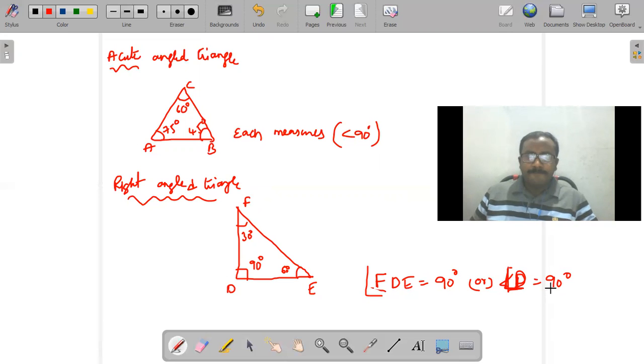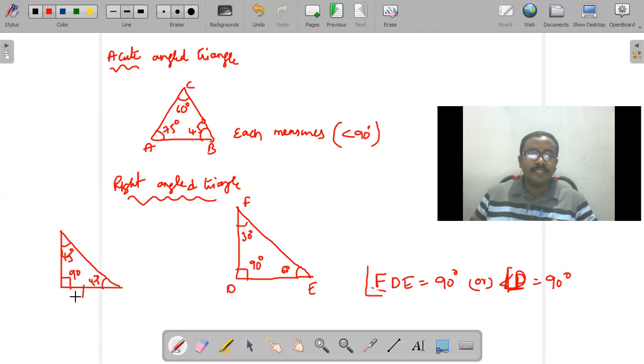In case one of the angles measures 90 degrees, I'll take one more example so that you can understand better. In case one angle measures 90 degrees and the remaining angles measure 45 degrees and 45 degrees, in this case we can call it an isosceles right angle triangle, because the base angles are the same.